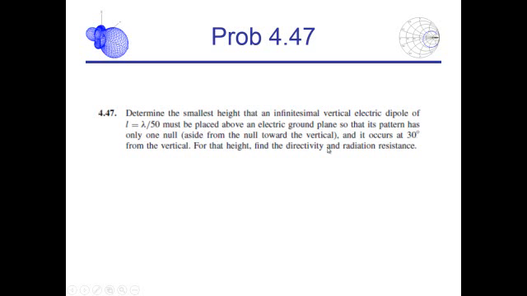For that height, find the directivity and radiation resistance.